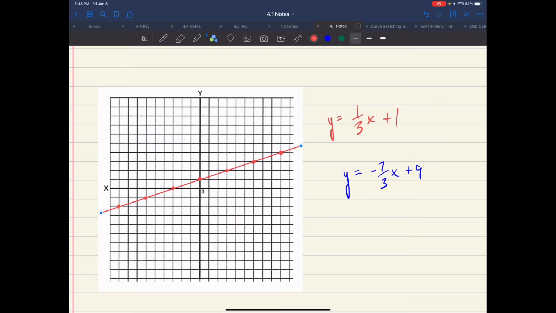Now the blue line, negative 7/3 x plus 9. That goes through the y-intercept at 9, and from that we go down 7 over 3, down 7 over 3, and then we draw our line. You can already see where it's going to cross.